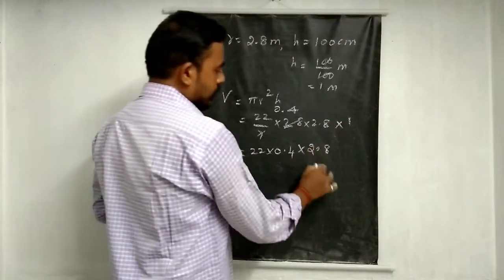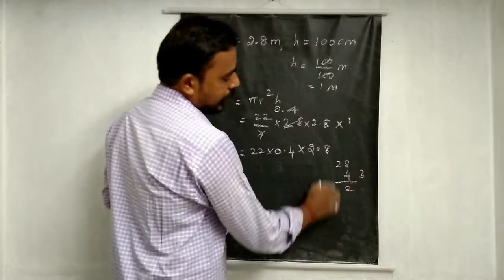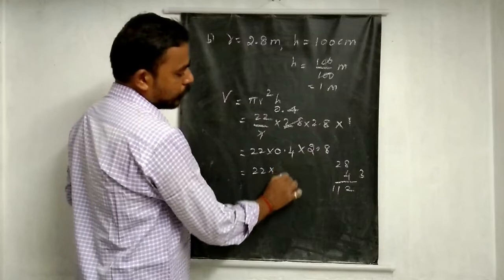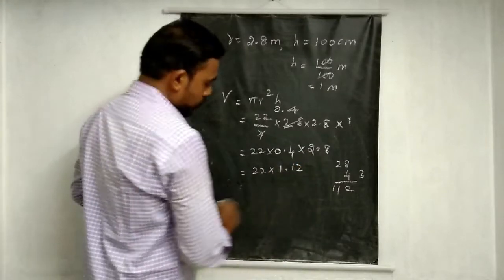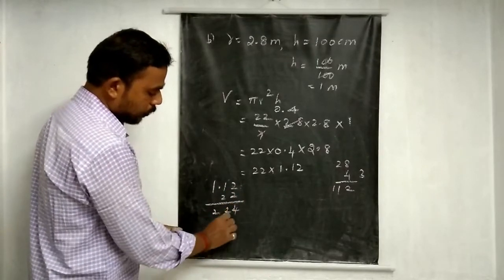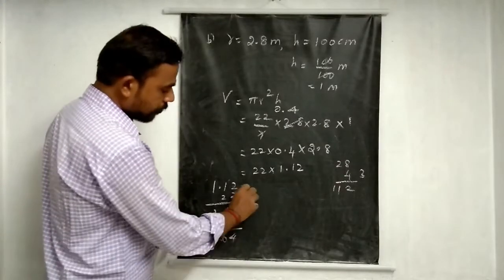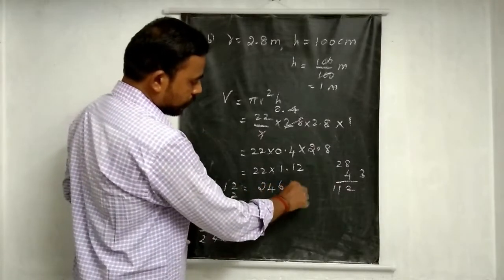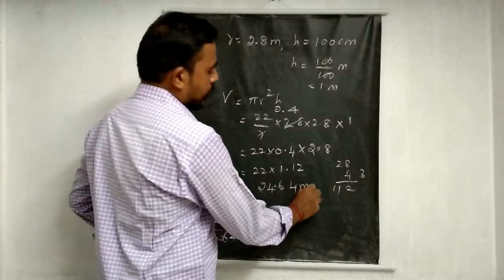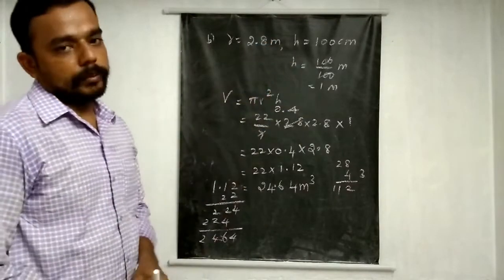Now multiply: 28 into 4, 4 8s are 32, 2 4s are 8. With 2 decimal places, so 24.64 meter cube. So convert centimeter into meter or meter into centimeter. That's all.